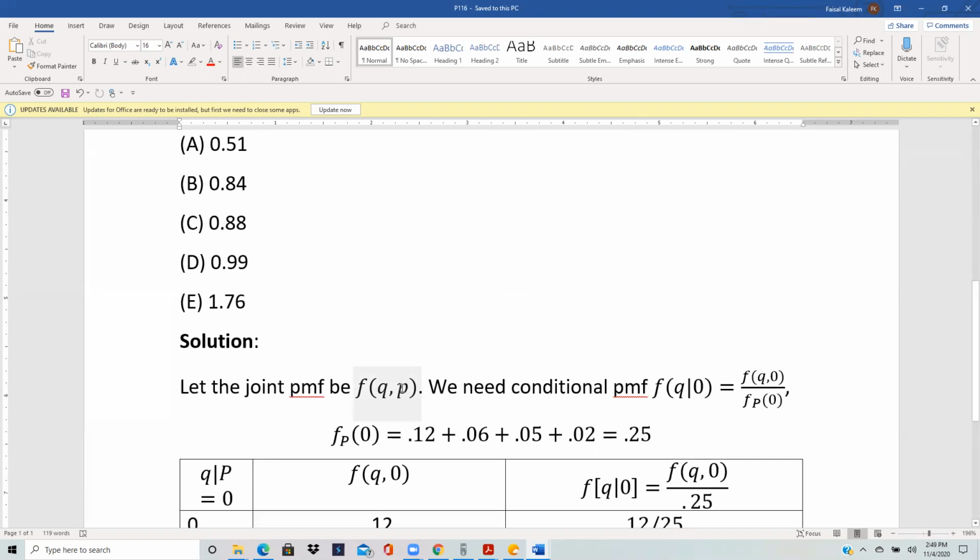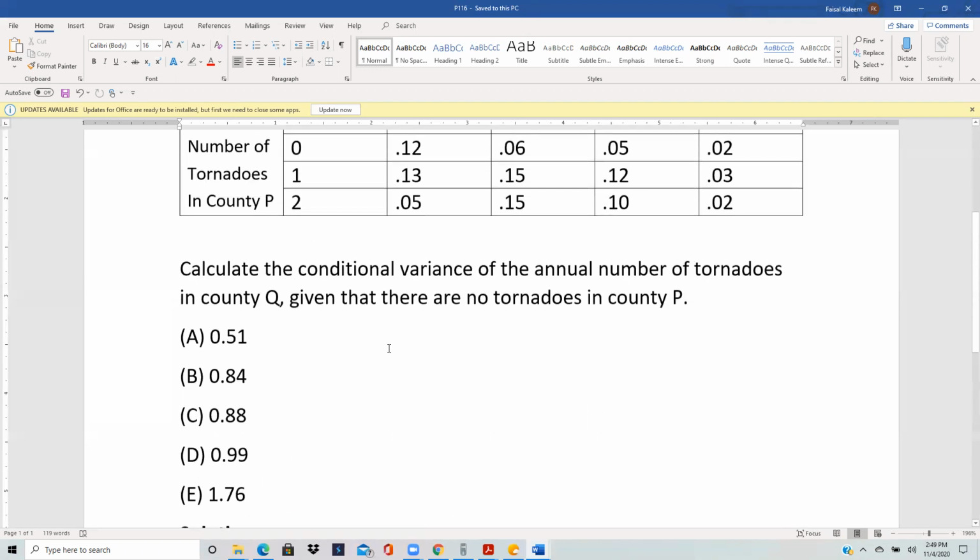So if we let FQP be the joint PMF, it doesn't matter whether you go with PQ or QP. Here, QP is more convenient because we have to find the conditional variance of Q given P equals 0.